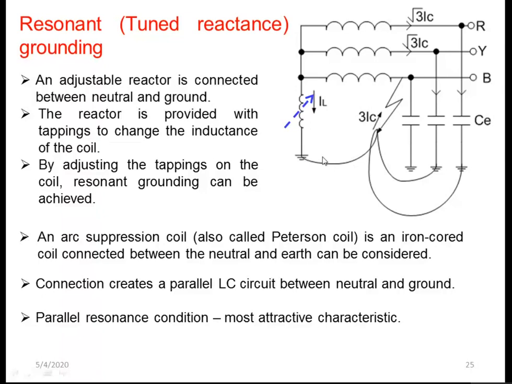So on a phase fault occurrence on phase B, there would be a parallel LC circuit formation, and this parallel resonance condition is the most important characteristic that we can achieve in the method of resonance grounding.